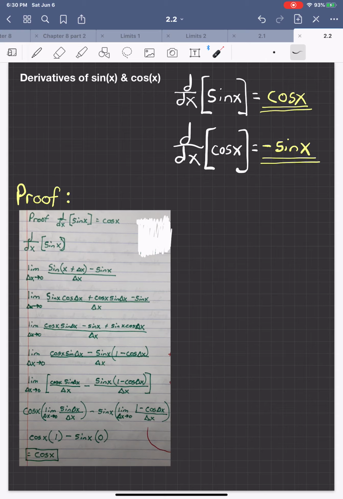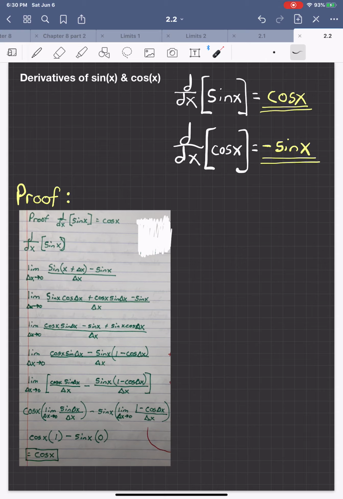Remember, I said that there would be at least one problem where you have to go through the entire limit definition. So let's go ahead and start. Maybe you get a trig problem that you have to use this.